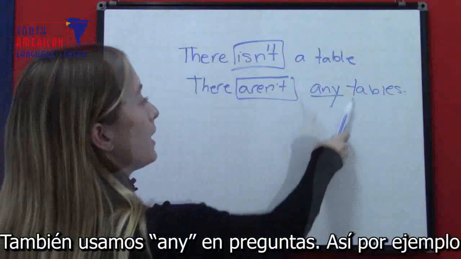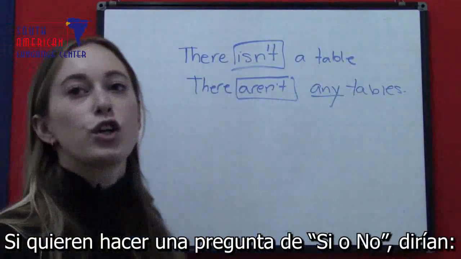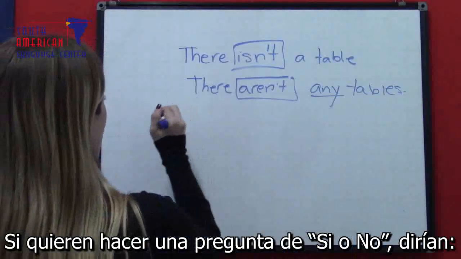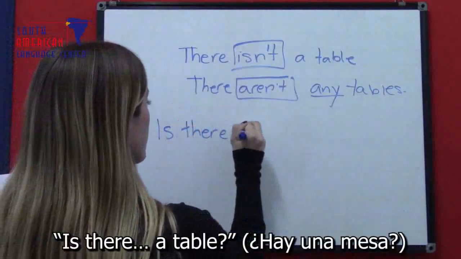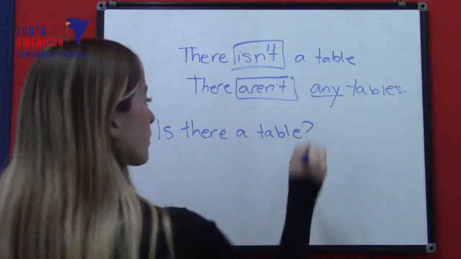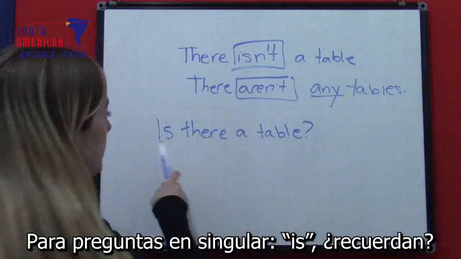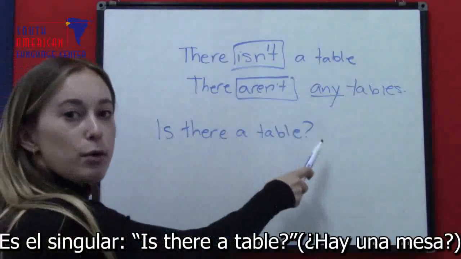We also use any in questions. So for example, if you want to make a yes or no question, you would say, is there a table? For singular questions, is, remember, is singular. So is there a table?